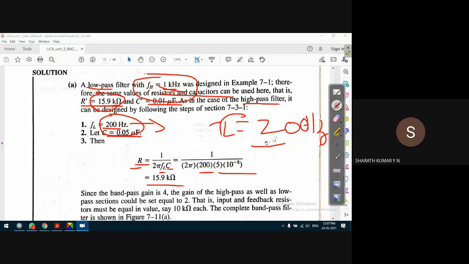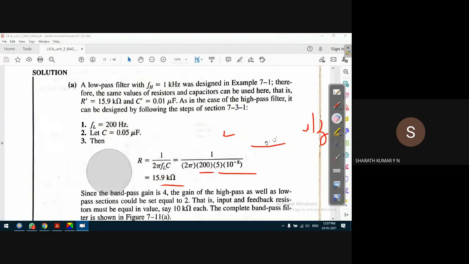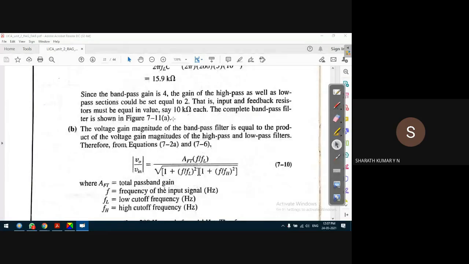The R value is 79.5 kilo ohms. It is again a potentiometer, so we have to use a standard value potentiometer available to cover that particular range.